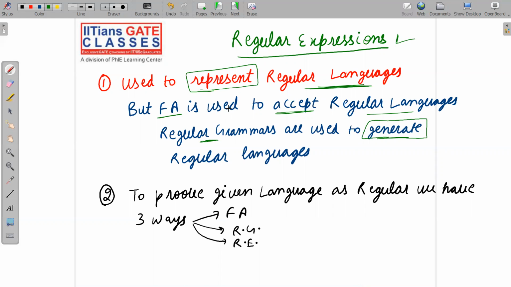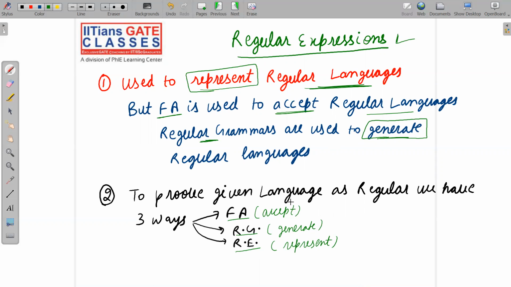For regular languages we have three things: finite automata, regular grammar, and regular expression. Finite automata accepts, regular grammar generates, and regular expression represents the regular languages. So regular expression is nothing but a new kind of representation for regular languages only.